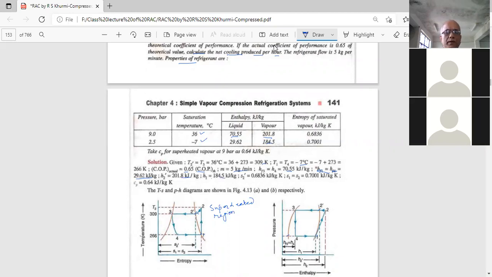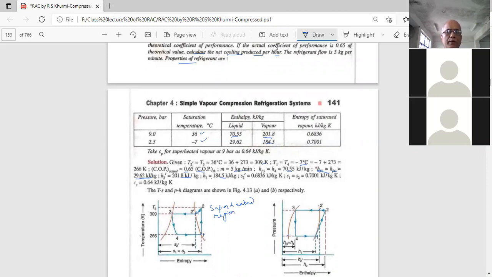And S2 dash is given as H1 dash. H1 dash, I've told you, is 184, okay, and S2 dash is given as the entropy at point 2 dash, which means entropy at the temperature 9 bar, dry saturated vapor, that is equal to 0.6836 kilojoule per kg degree Kelvin.